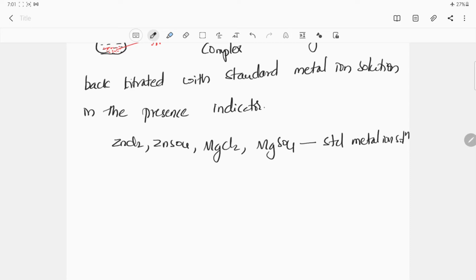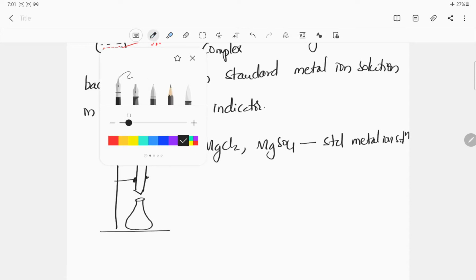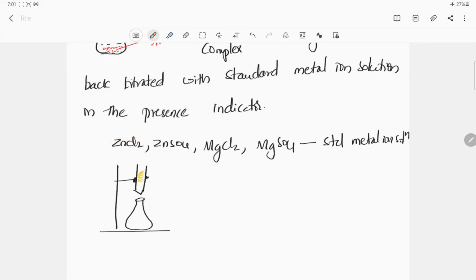So by using these, the standard metal ion solution is added.